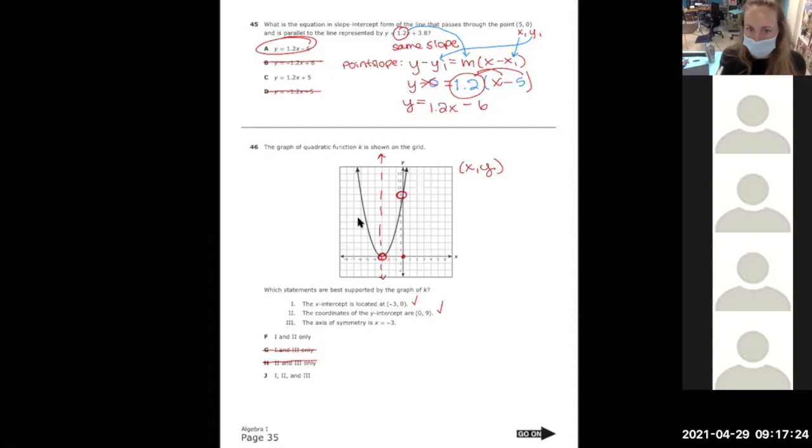So it's an x equals line through the x value of the vertex, which is -3. So number 3 is correct. Therefore, our answer is J. That one is tough. We will not know how to do every single problem on the test, but if you can cross off a couple of them, then you're going to be more likely to get that question right that you guessed on.